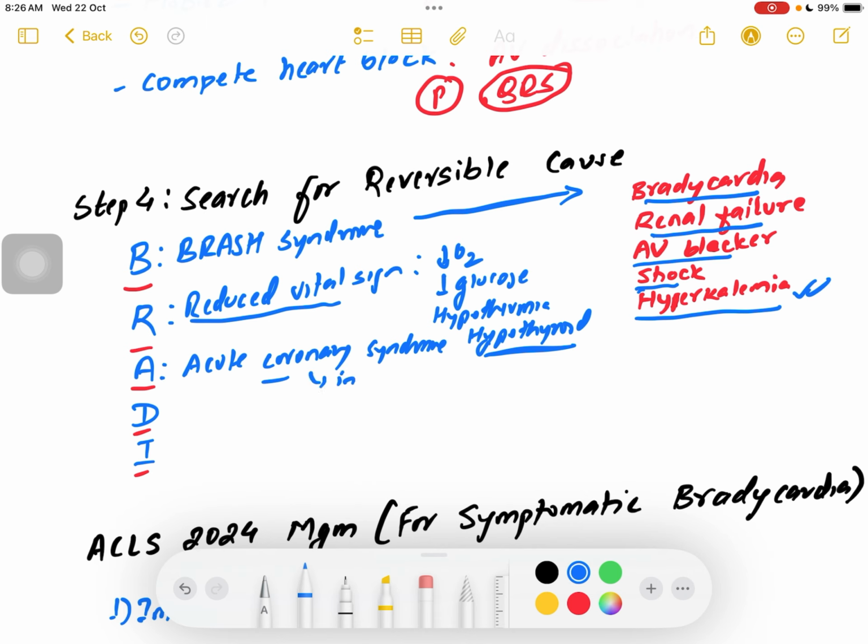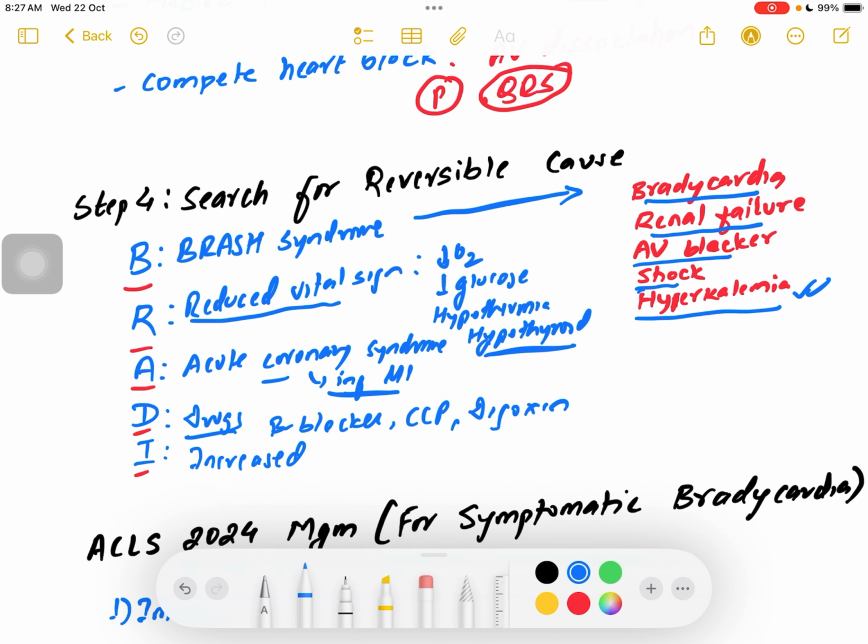Then comes what the reversible causes are and what we have to search for. This can be remembered with the mnemonic BRADI. First comes BRASH syndrome: bradycardia, renal failure, AV block, shock and hyperkalemia.